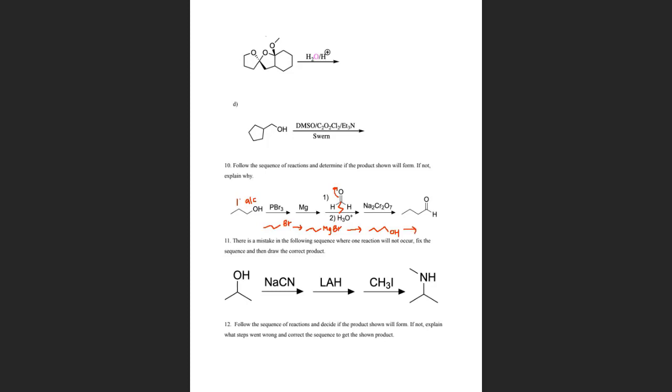If we redraw it correctly, you're going to go all the way to the carboxylic acid. So this step would be incorrect in the problem. If you did want to stop at the aldehyde, you can use any of your weak oxidizing agents, such as PCC, Swern, things like that.